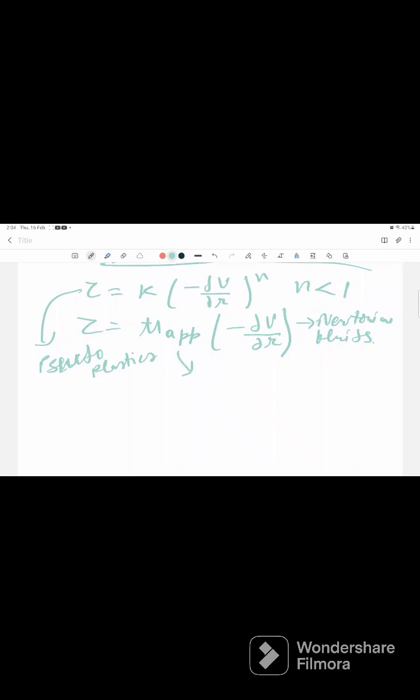Mu apparent is K into minus dV upon dr to the power n minus 1.